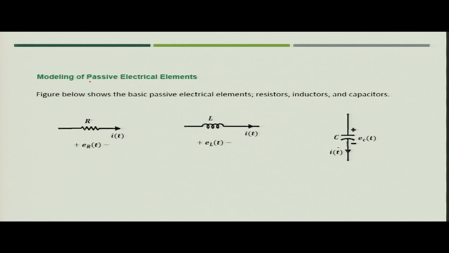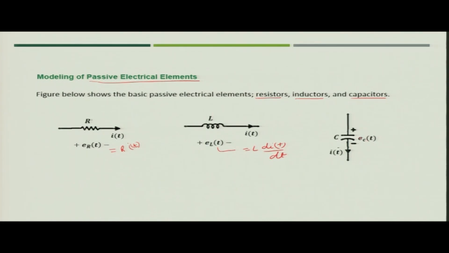So, as we have already seen, in the modeling of passive electrical elements, we have discussed resistors, inductors and capacitors. For the resistor, the voltage drop across R, that is ER, is given by R into I at any time t. Similarly, for the inductor, the voltage drop across L, that is EL, can be given by L di by dt.